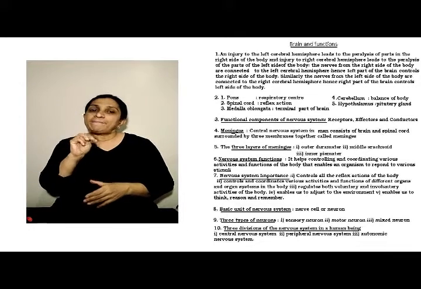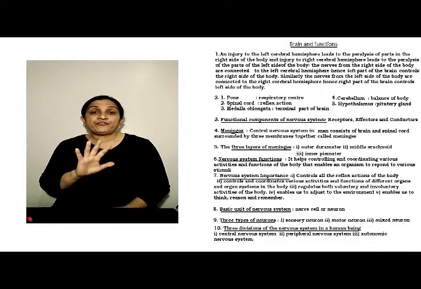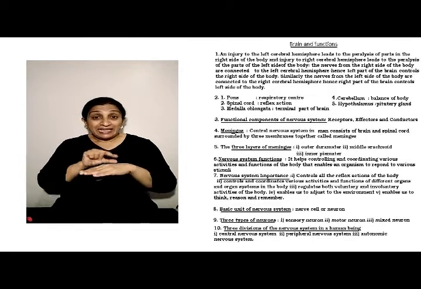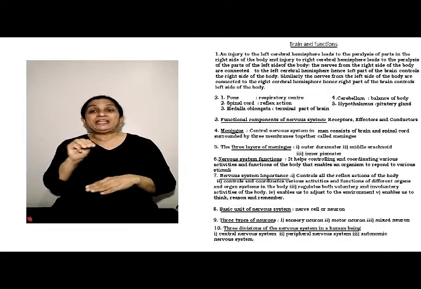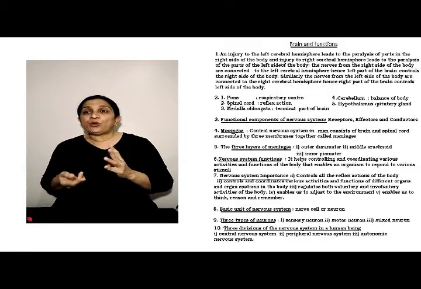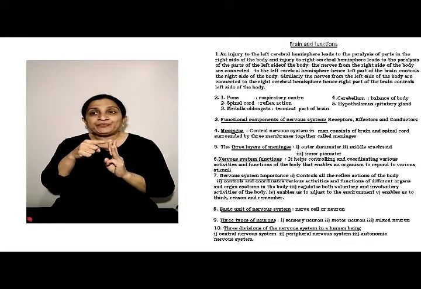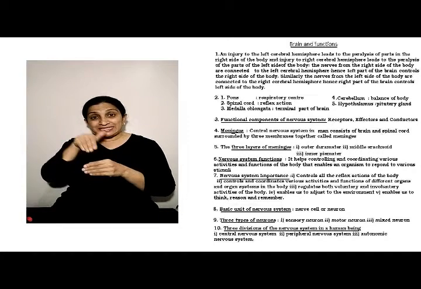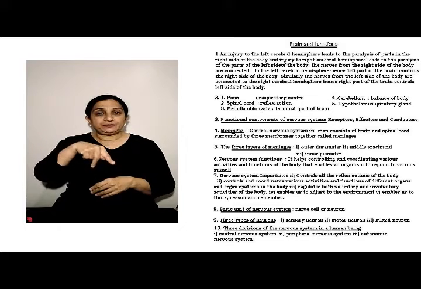Together they are called the meninges. Fifth question, the three layers in the meninges are the outer layer, the middle layer, that is the arachnoid, and the third, that is the inner pia mater.